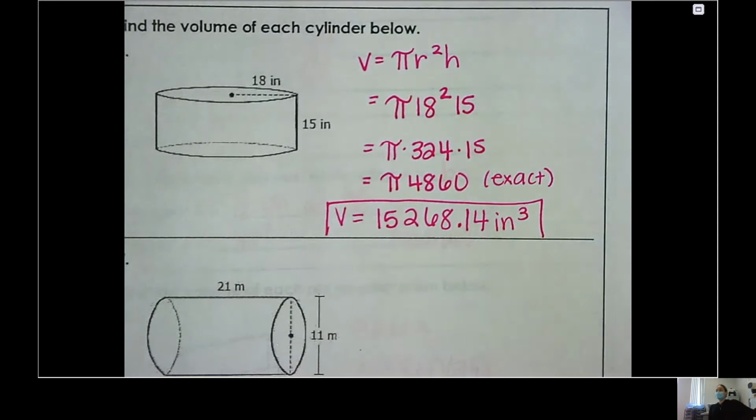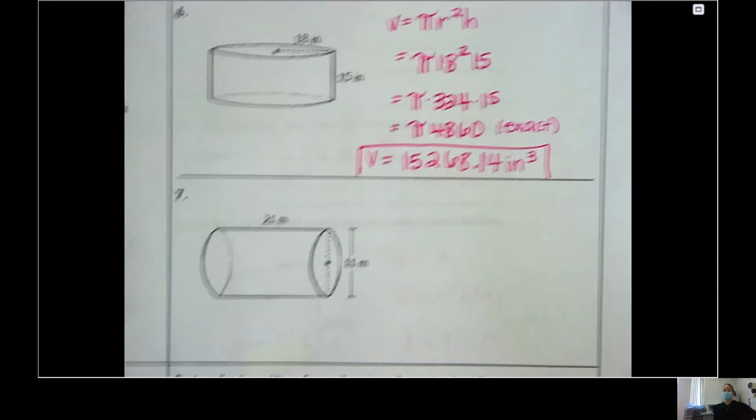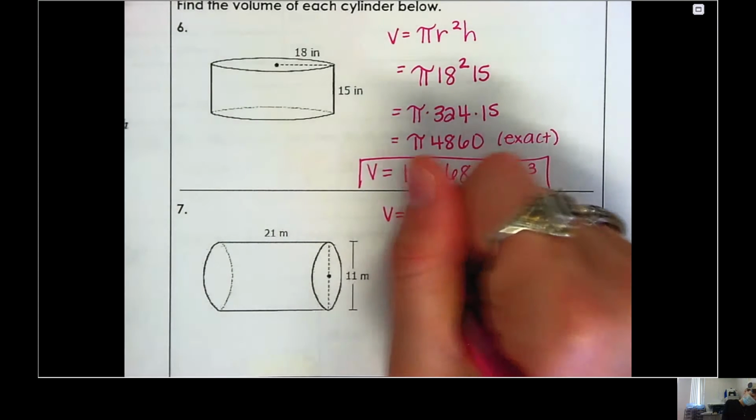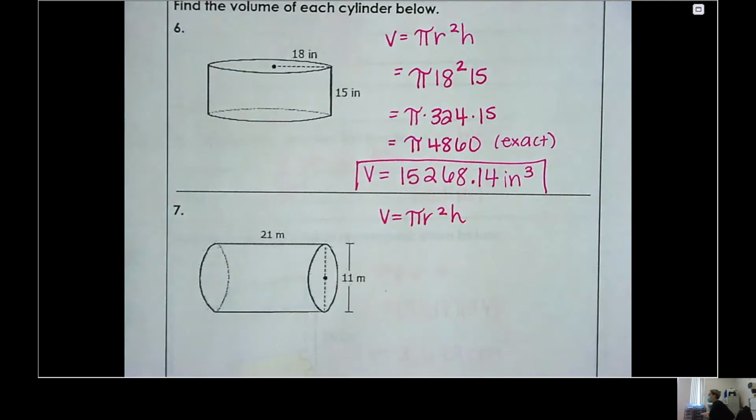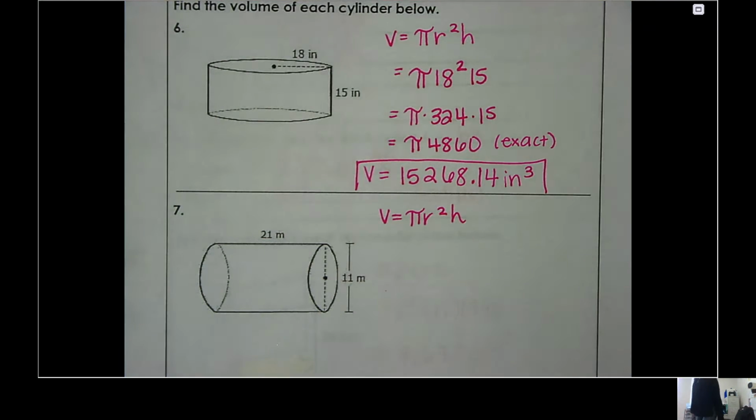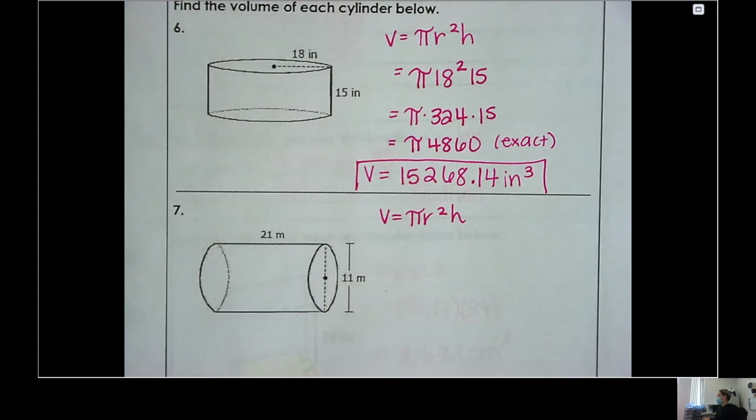Do you think you can try number 7? Yeah, I think you can try number 7. Give it a go. Notice that Mr. Masso always writes the equation every single time. Try number 7. We'll see if you get the same answer. When you're done, put your pencil down so I know you're done.